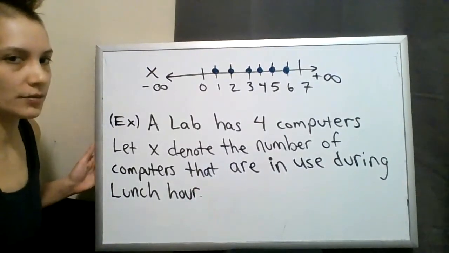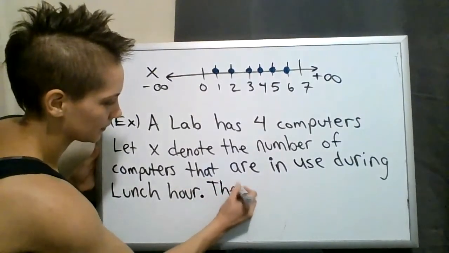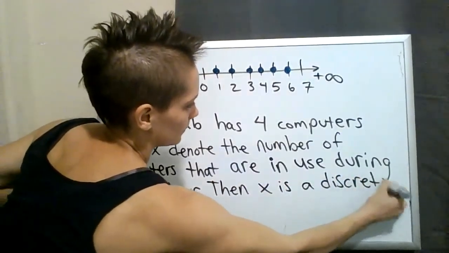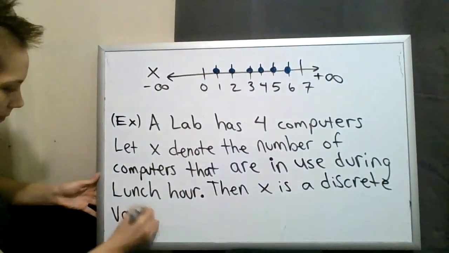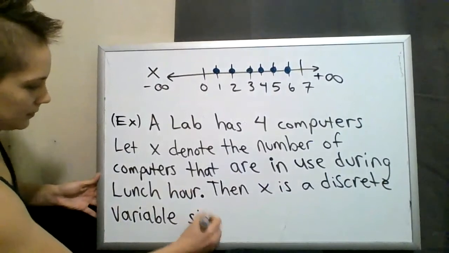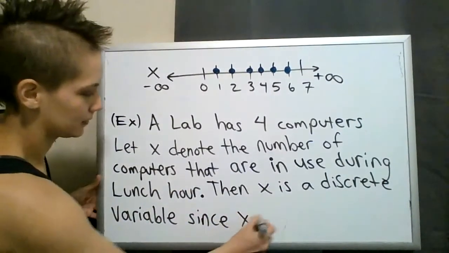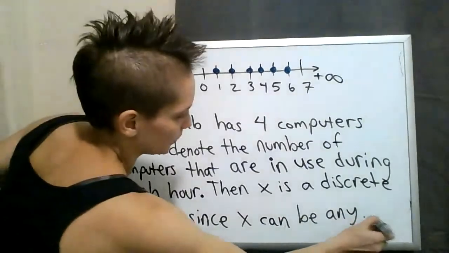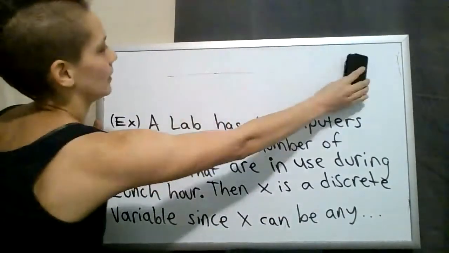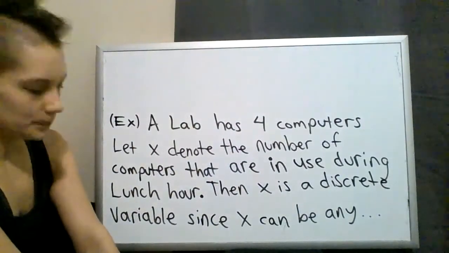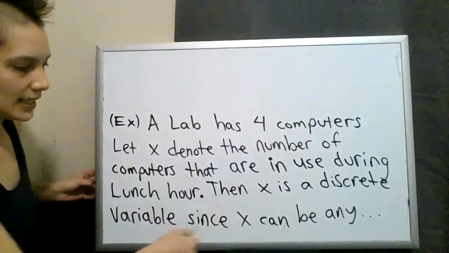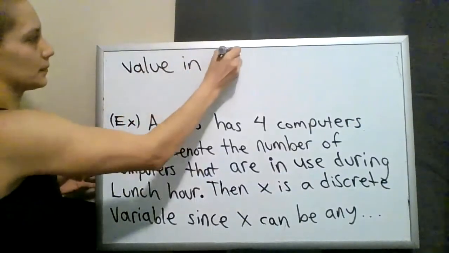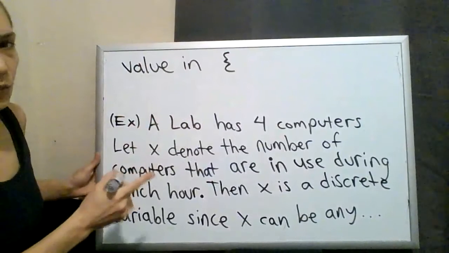So that makes x a discrete variable. Your variable x can take on any value in the set that contains 0, 1, 2, 3, or 4.